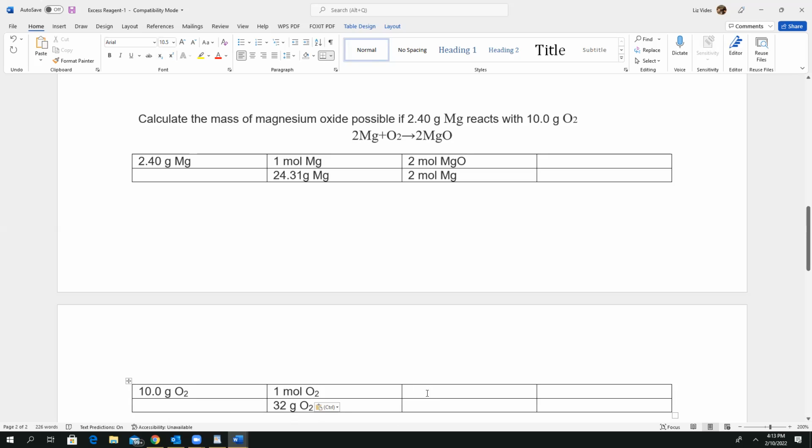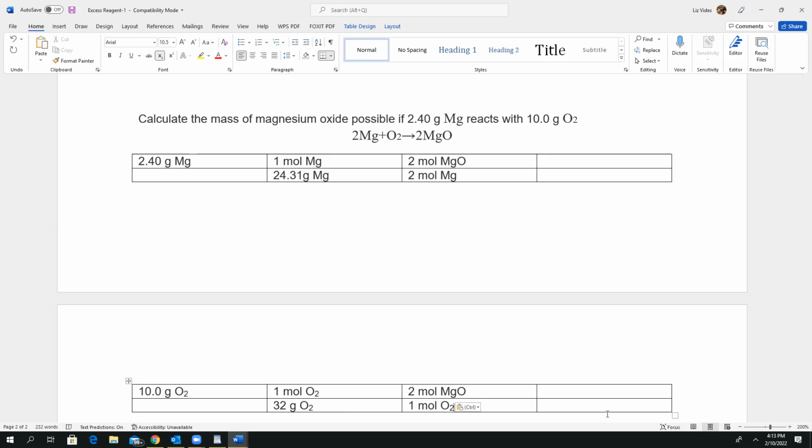All right, the next one is figuring out the mole ratio, right? So according to this, we're going to produce 2 moles of magnesium oxide, but from 1 mole, just 1 of O2. Okay. Now, let's do the math.